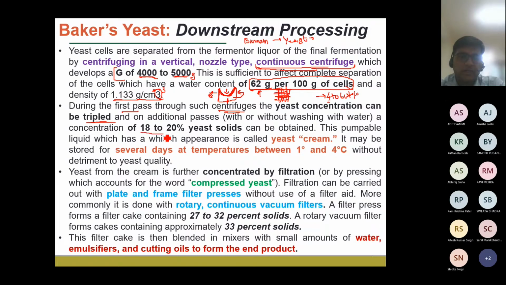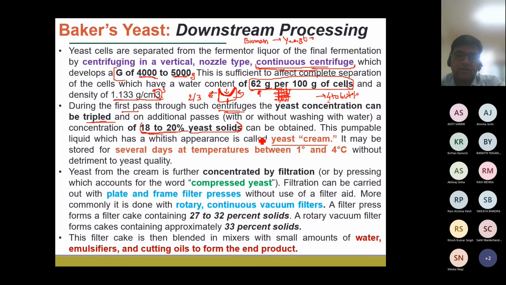Generally, we require the yeast solids at an 18 to 20% concentration. So you can find that two to three passes of the centrifuge would be enough to obtain this concentration of yeast solids in the media. The component having 18 to 20% yeast solids falls under the category called yeast cream.